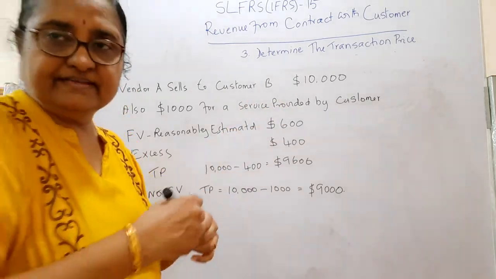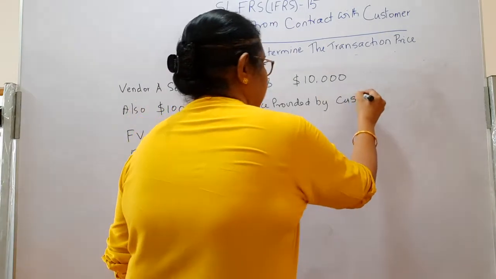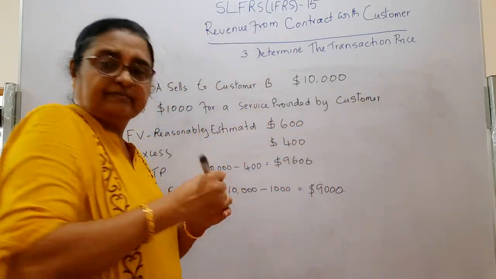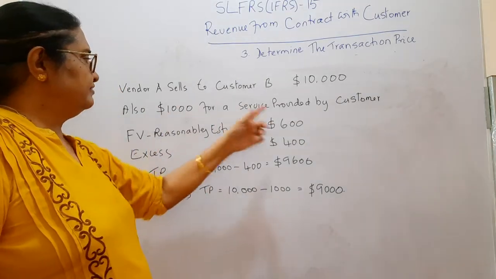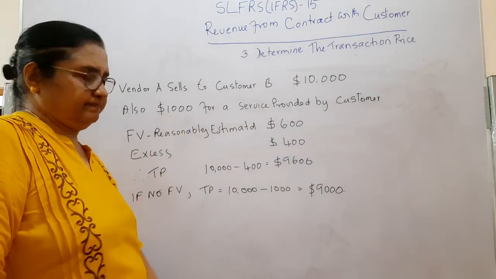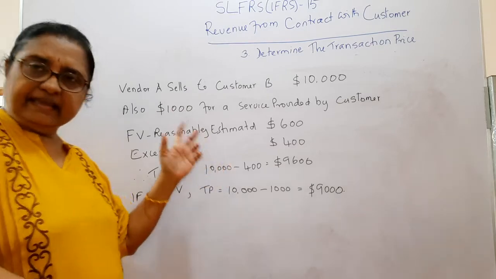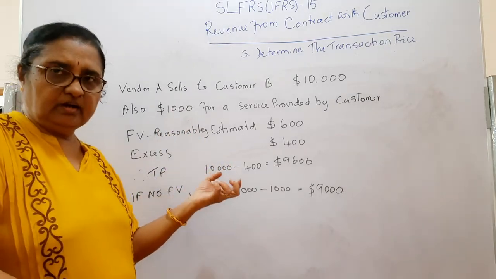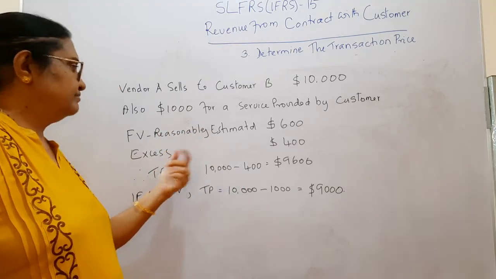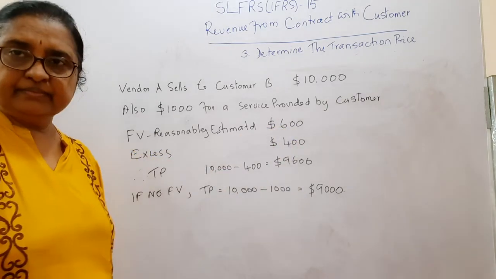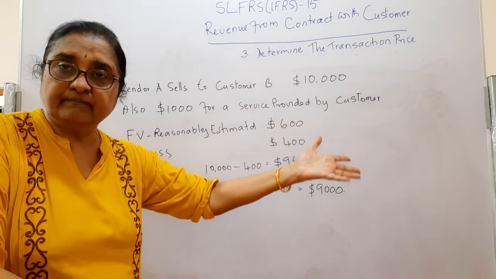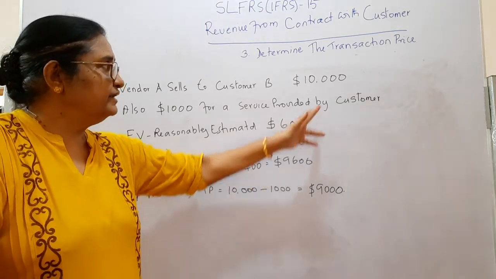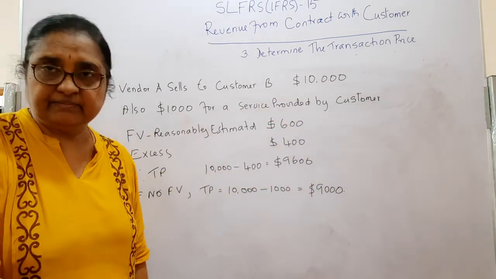Maybe a transport service or agency service or whatever it is. Advertising service, something like that. So he is providing a service and he has paid 1,000. Suppose he can estimate the fair value of the service is 600. Then the excess is 400. He has paid 400 extra. That 400 will get reduced against this transaction price.